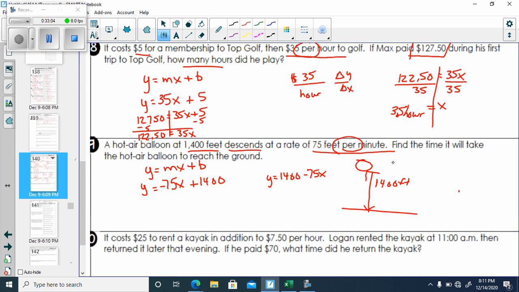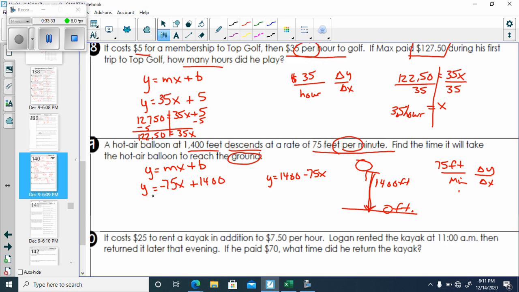Now it says, find the time it will take for it to reach the ground. Okay, how high off the ground will it be when it hits the ground? It will be at 0 feet. So if this is my number of feet, which I know it is because if I've got 75 feet per minute, my change in Y over change in X tells me Y is feet.